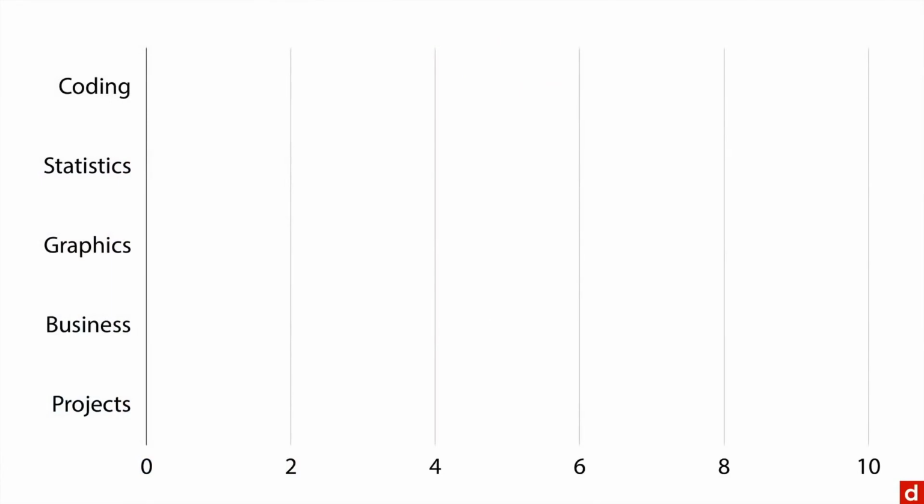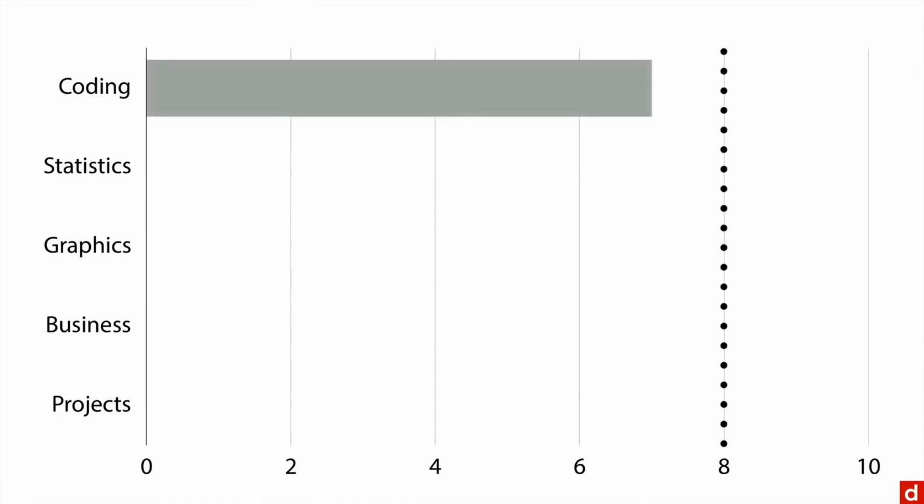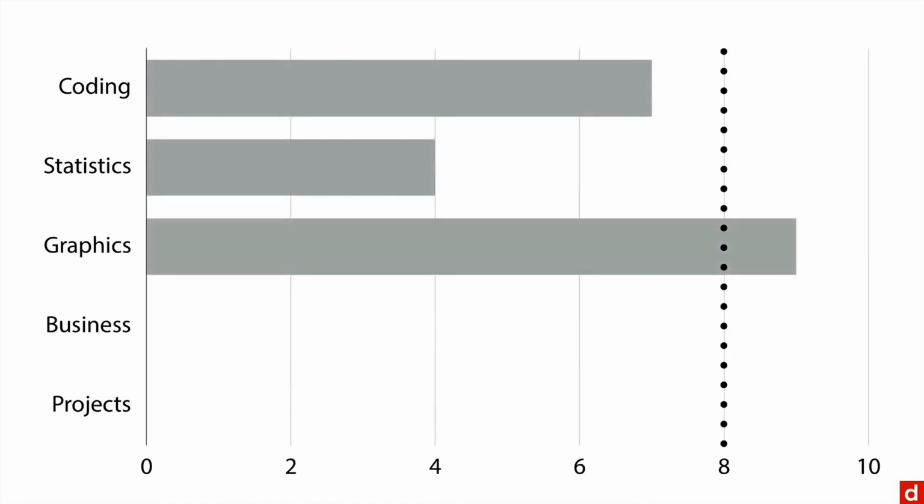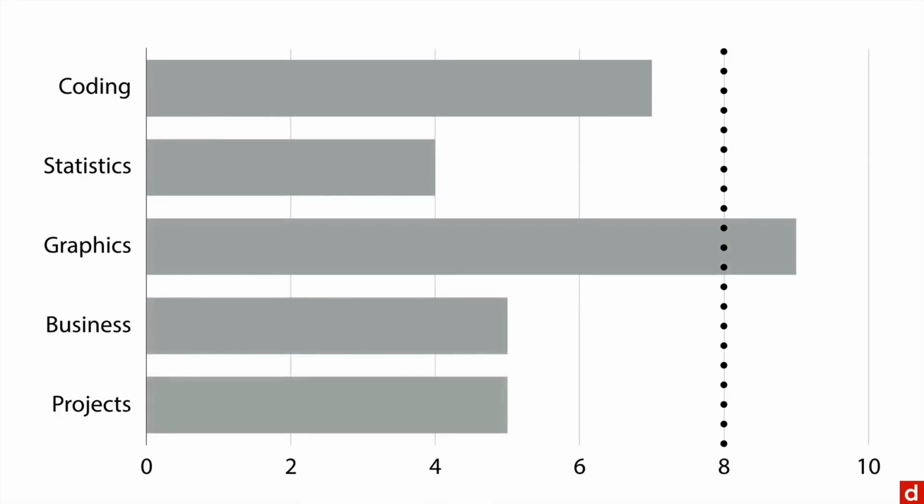For the project to work, they all have to be at least a level of 8 on the 0 to 10 scale. If we take his coding ability, well, he's almost there. Statistics, not quite, halfway. Graphics, yes, he can do that. And then business, all right. And project, pretty good. So what you can see here is that in only one of these 5 areas is Otto sufficient on his own.